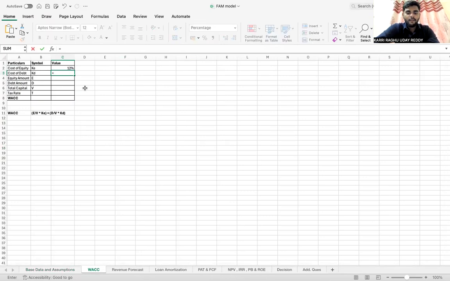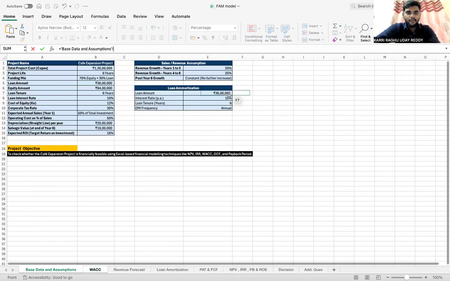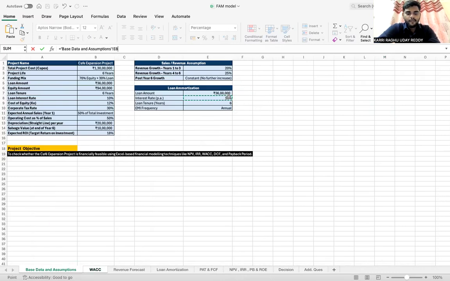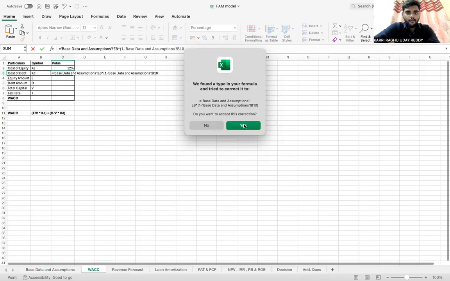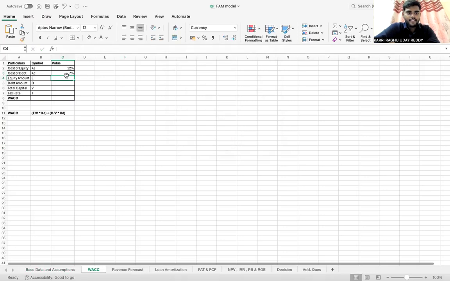And for cost of debt, the formula will be interest rate into 1 minus tax rate. The interest rate is given as 10% into bracket 1 minus tax rate, which is given as 30%. Now I'm getting cost of debt as 7%.